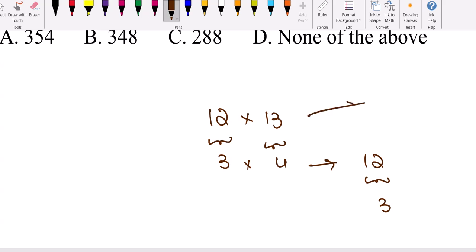Your answer, whatever it comes, the sum of digits must be 3, or else that's the wrong option. 12 into 13 is actually 156. What is 1 plus 5 plus 6? 12. 1 plus 2, 3. It's satisfied. Then it's correct.